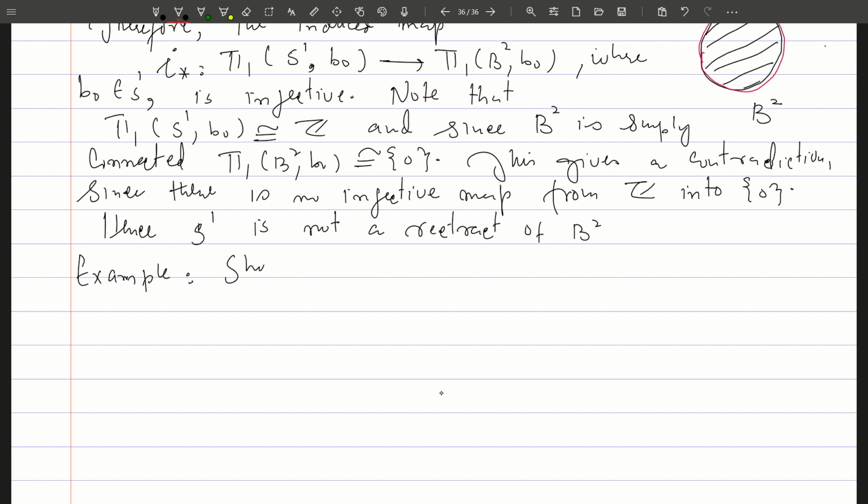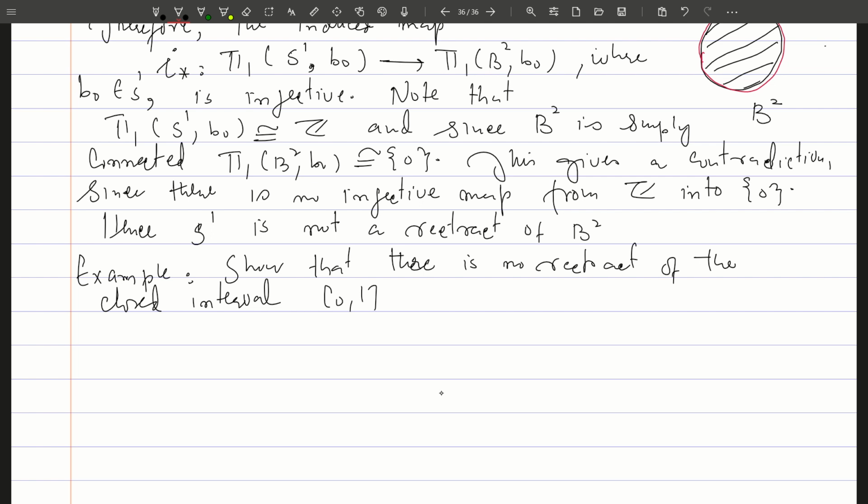Show that there is no retract of the closed interval 0 1 onto the set {0, 1}.